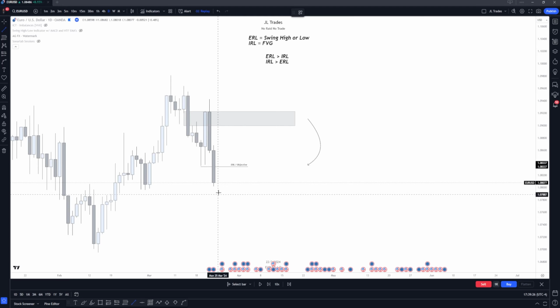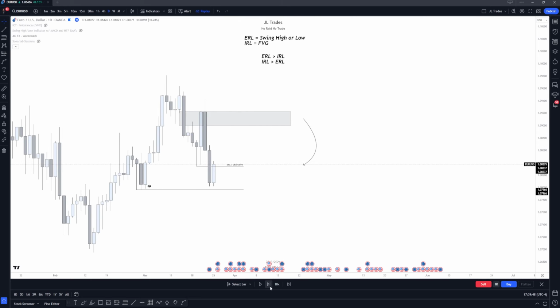Depending on what Monday does, I'm not sure. So I would wait. I do know there is an equal low here, so we have liquidity resting there. So this is potentially a draw on liquidity at the minute. So going to Monday, let's see what Monday does.